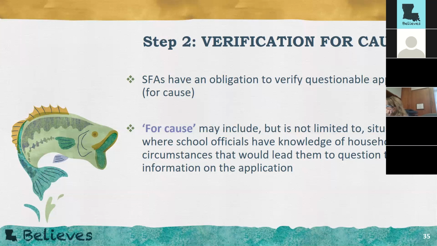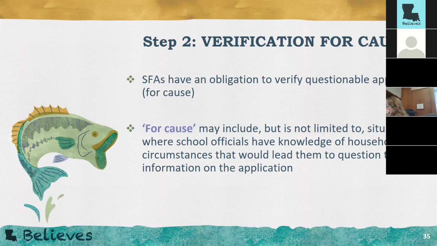This is known as verification for cause. Determining officials are strongly encouraged to contact the household to clarify any information that is unclear or questionable before certifying the application and proceeding with the verification for cause.